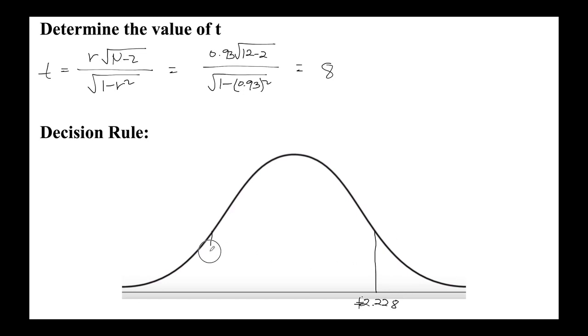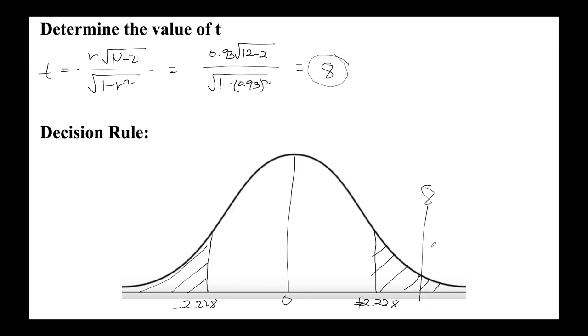This is the negative 2.228. And of course, the rejection region. Huwag kakalimutan, laging merong rejection region. Kung titingnan ninyo, 0. Tingnan ninyo, we have 8 as T computed. So, malamang dito yan. And nasa rejection region siya.